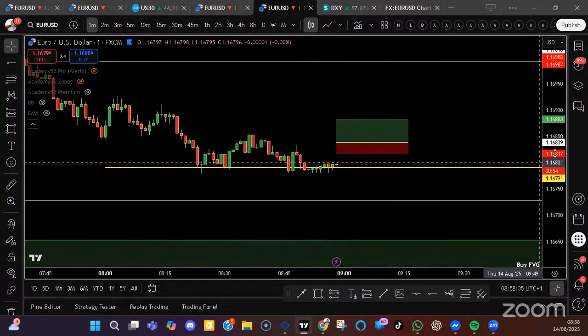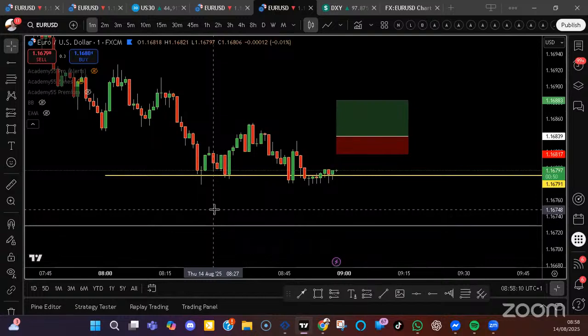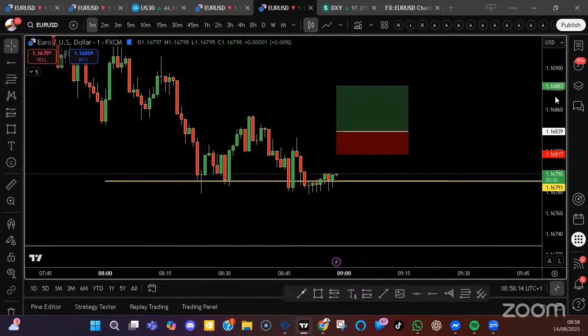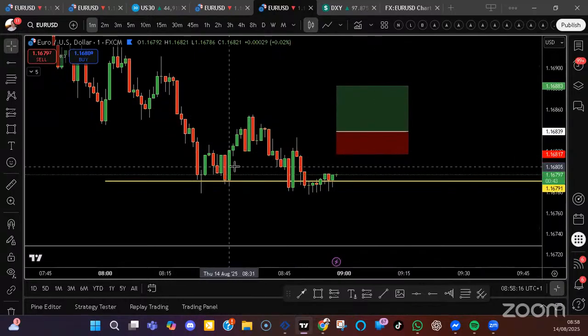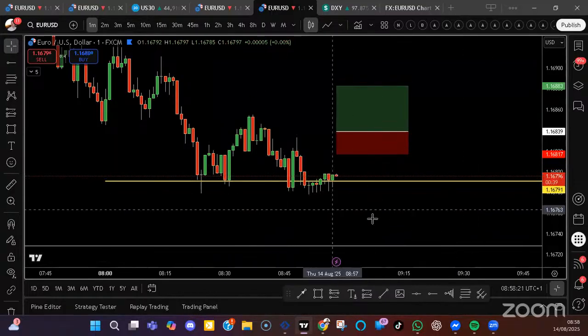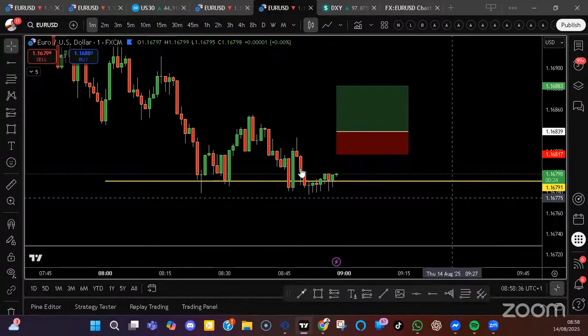It could even happen between 10 and 11. We don't know. It might even happen in the New York session, and they're using the London session just to take these orders because there's no high impact news on the horizon. So there might not be anything that needs to be done right away.